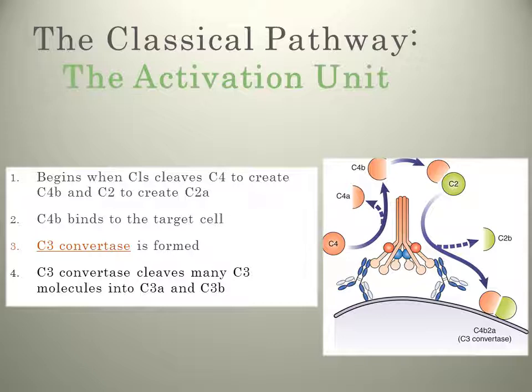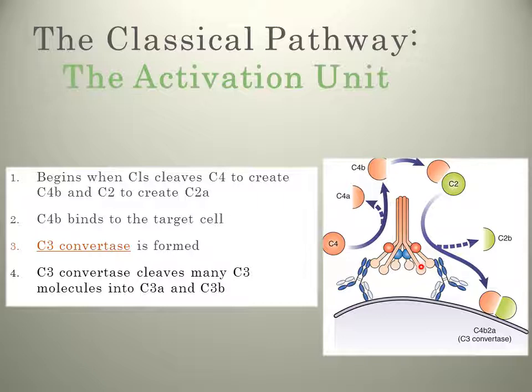We'll see later that these pieces that float away have great biologic effects, and we'll swing back around to them towards the end. But right now, we want to focus on what happens to those cleavage units that serve as the activators for the next step in the pathway.